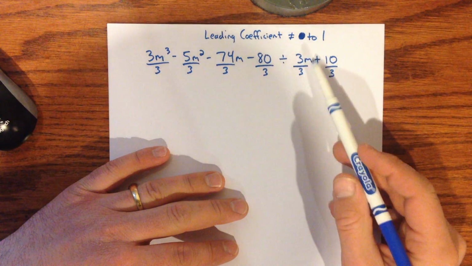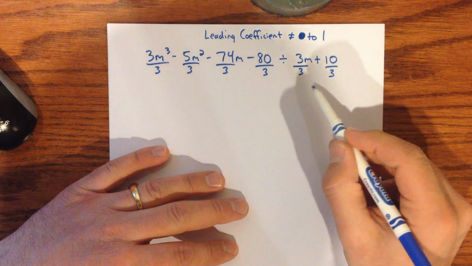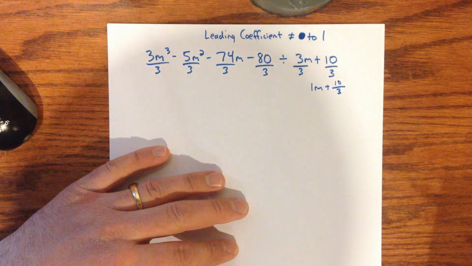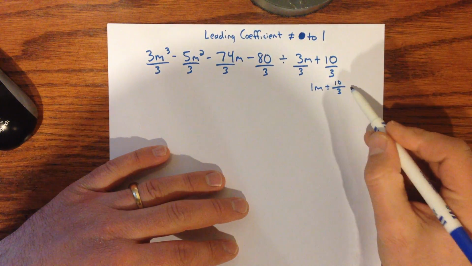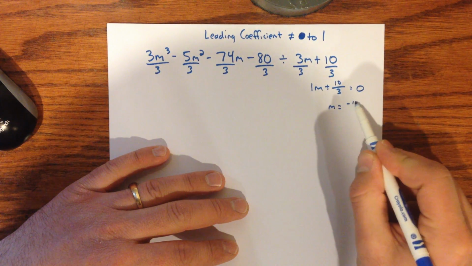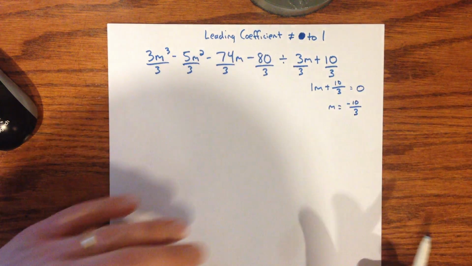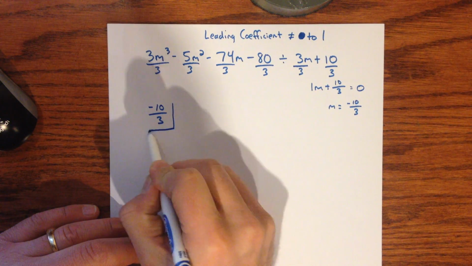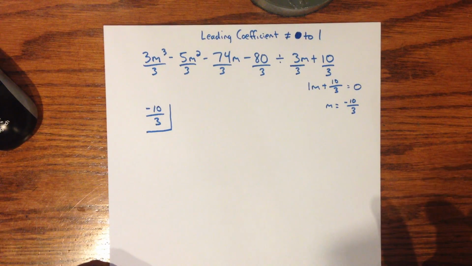Now when you divide this by 3, you're going to have 1m plus 10 thirds. When you set that equal to 0, you end up with m equals negative 10 thirds. So that's what we're going to put in our box, negative 10 thirds. Don't freak out just because it's a fraction. It's just a number.